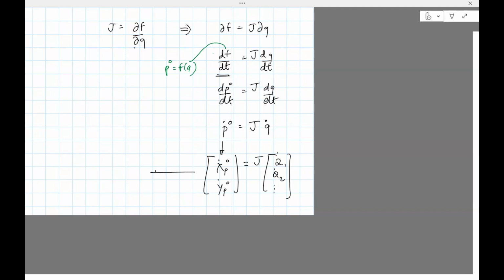In other words, what we have here is the velocity of any point P in the global frame is the Jacobian times q dot, where this is the Cartesian velocity, and this is the angular velocity of the joints.